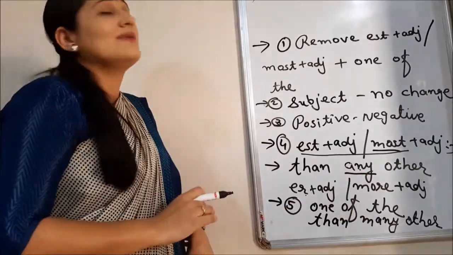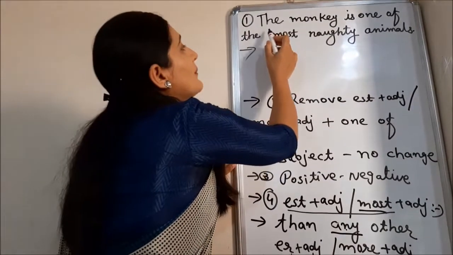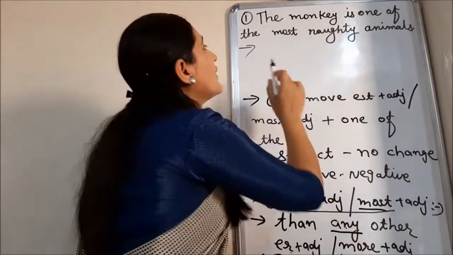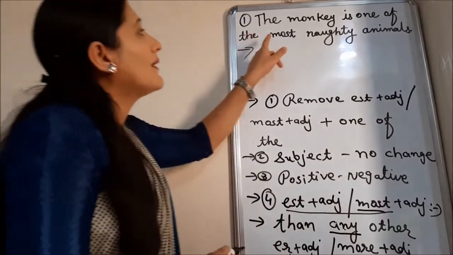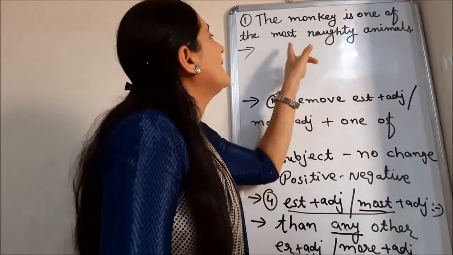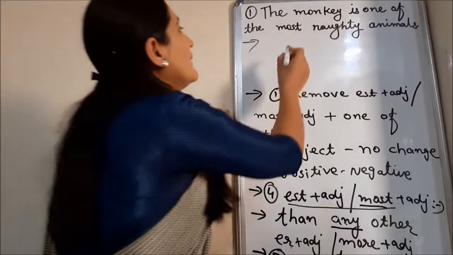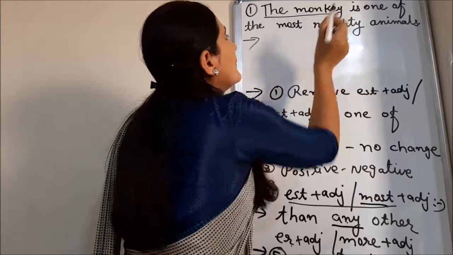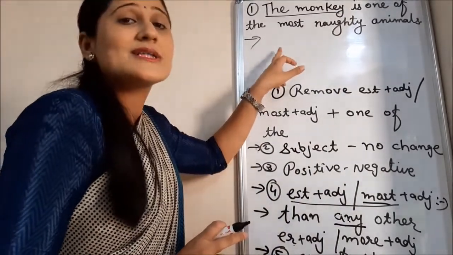Let's have a look with one example. See, the monkey is one of the most naughty animals. Here I told you no need to change the subject. The subject will be first only.